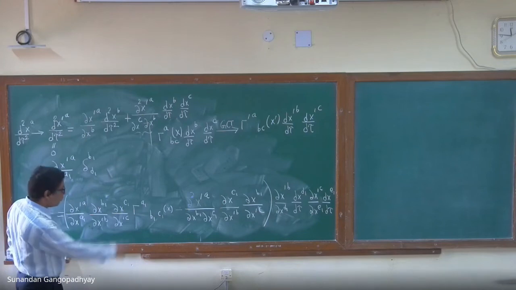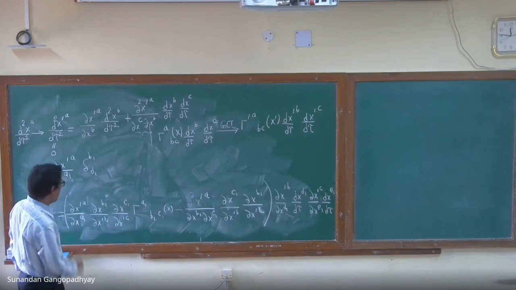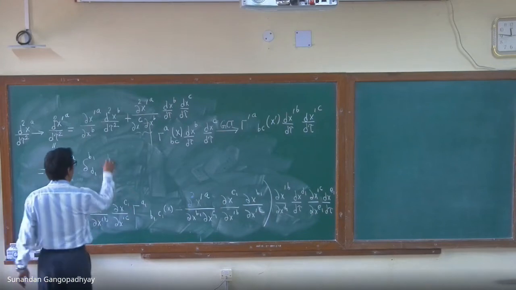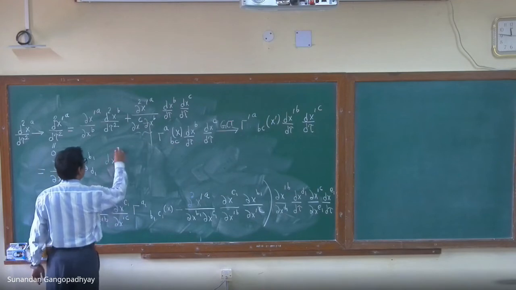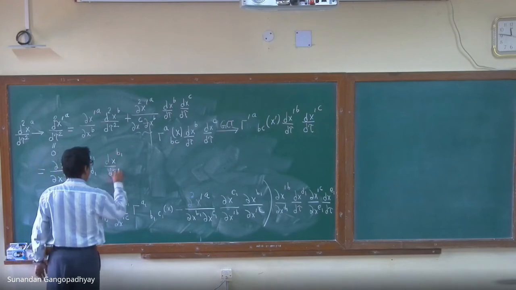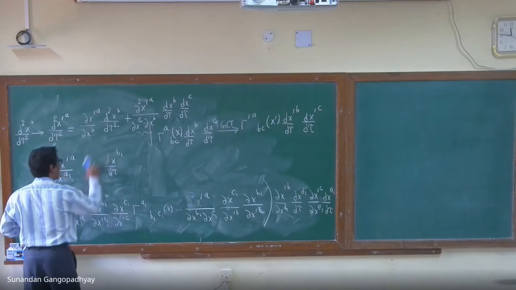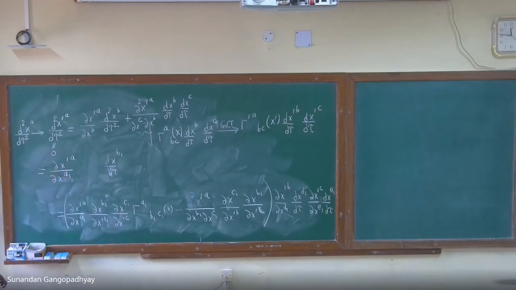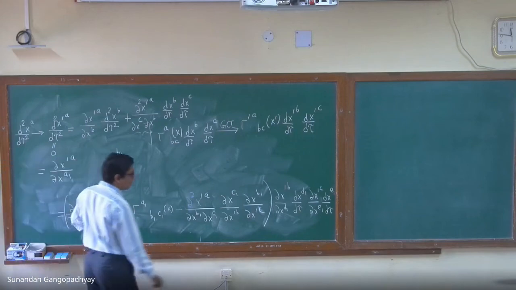And then you have a dx d1 d tau. Dx d1 d tau will now become dx d1 d tau. And then you can get rid of this Kronecker delta. Right? Now this is del x c.